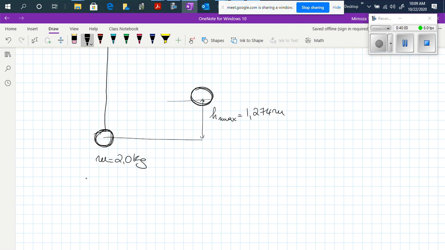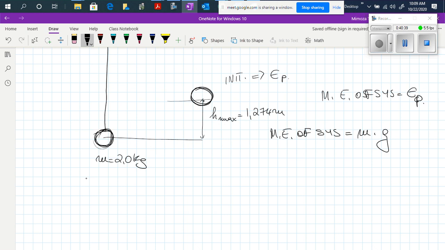But even if you don't know that, just using the conservation law of energy, you can say that this is the initial, and at the initial we will have gravitational potential energy, okay? And the mechanical energy of the system will be equal to the gravitational potential energy. So the mechanical energy of the system will be equal to mass times acceleration due to gravity times height.